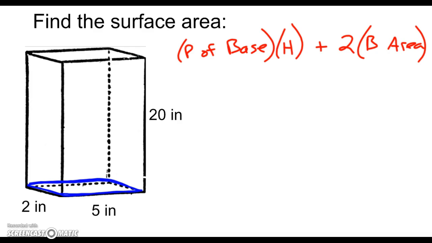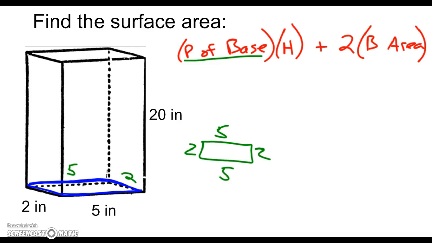So anyway, the first thing we need to figure out would be the perimeter of that base, which would be the distance around the base. Well, if I was looking at this over the top, I would see this, and I would have a 5, 5, 2, 2. All right, now just add up all those.